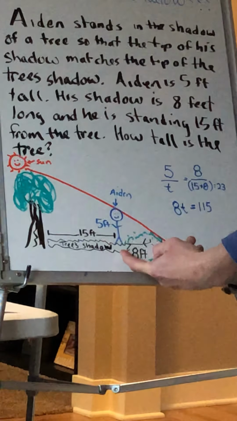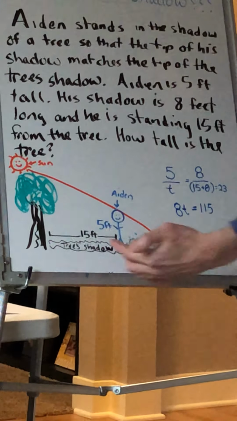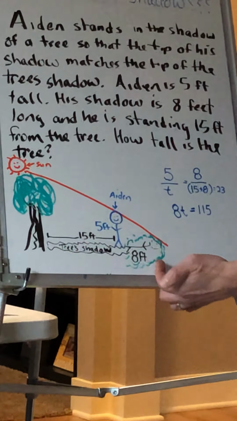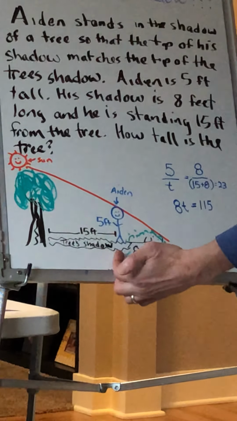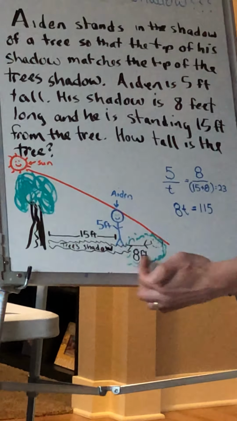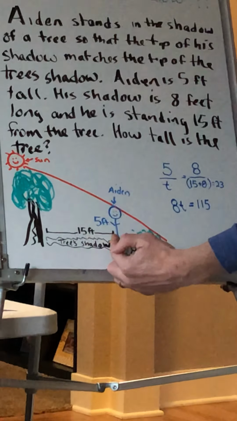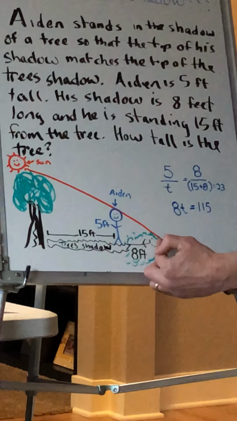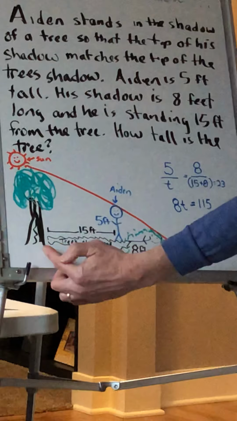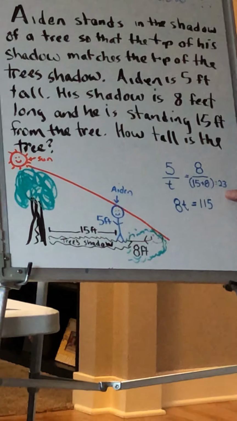Aiden's shadow is 8 feet long. And then this shadow, this is the tricky part, the shadow is not 15, it's not 8, it's both of those. He's standing 15 feet from the tree, and then his shadow is another 8 feet long. That means that shadow is 15 plus 8, that's 23 feet.